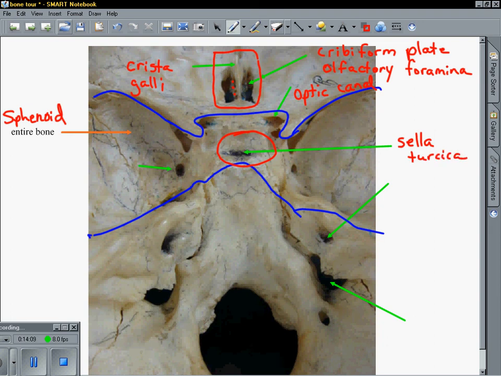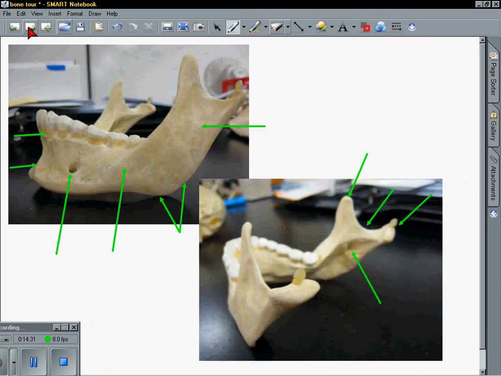And then we have a little round hole called the foramen rotundum. We have the jugular foramen down here. And then we have the internal auditory meatus from that view. I forgot to label that on another view. Oh well. And I believe that's got it as far as that goes. Oh, we'll just do another video on that mandible by itself.